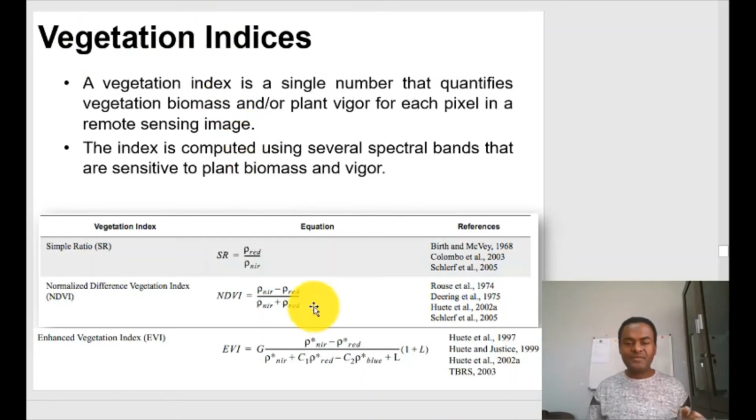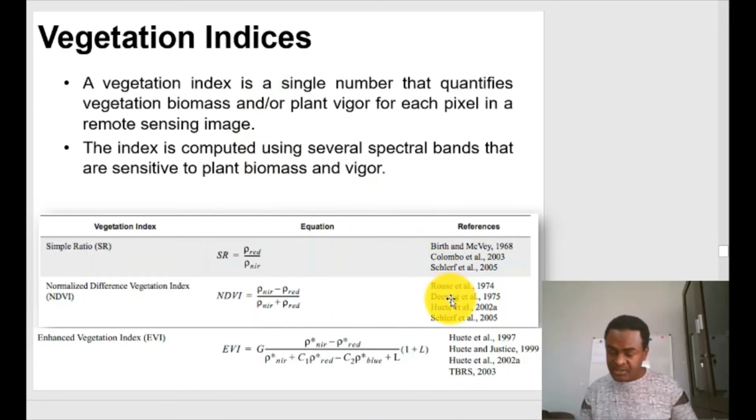There are different vegetation indices: simple ratio index, normalized difference vegetation index, and DVI. This is a symbol for reflectance. Near infrared reflectance minus red reflectance over near infrared reflectance plus red reflectance. This is called NDVI. This is the most commonly used vegetation index in remote sensing of vegetation.